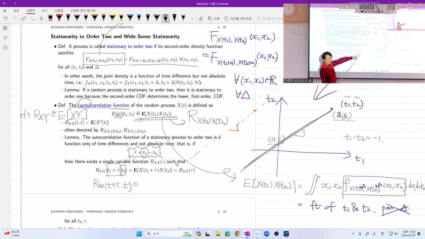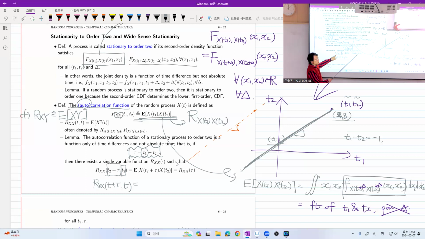Now, what about this one? This is a single parameter function. So its domain is R. Can these two functions be the same? In general, you never say two functions defined on different domains are the same. They are different functions. However, their function values are the same for the same tau.